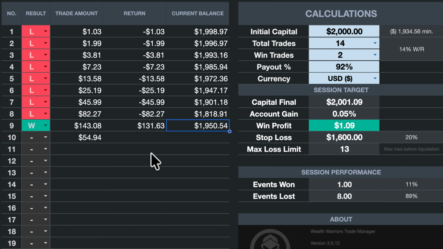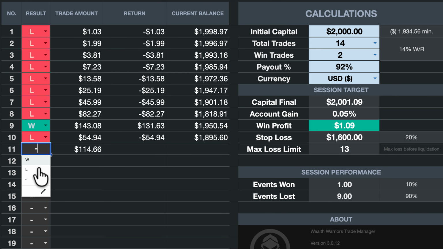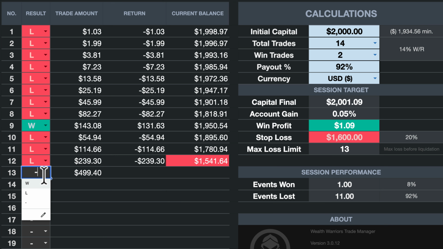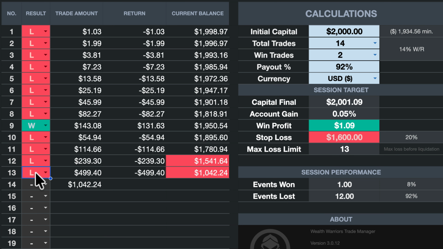I'm going to come over here and click on the new session button, or clear everything out. It's a lot better having $1,950 than being all the way down here, blowing that 13th trade, and then being in a situation where you have to win that 14th trade. And if you don't, you have lost everything.